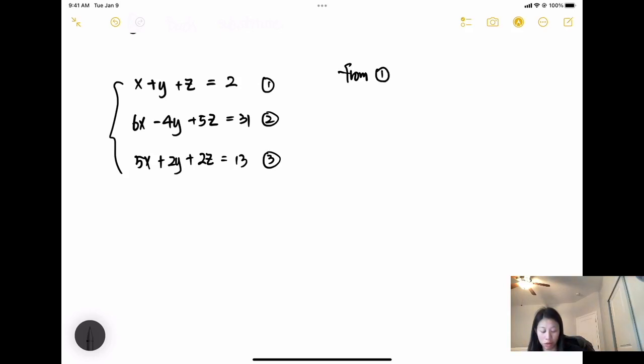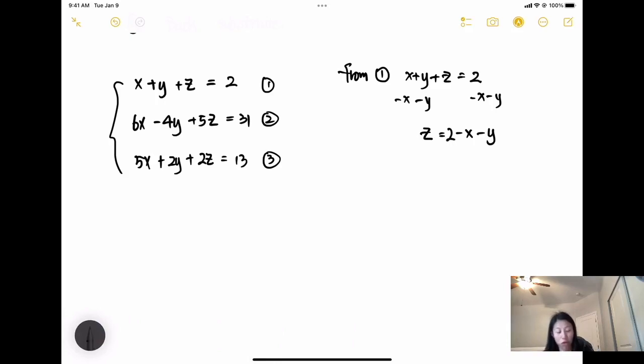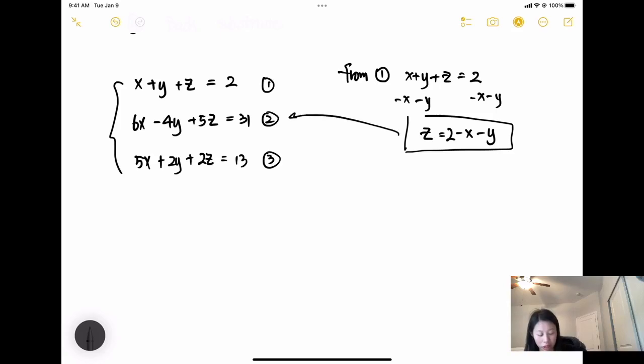So from the first equation, we have x plus y plus z equals 2. I solve for z. That means I need to subtract x and subtract y on both sides. So I will have z equals 2 minus x minus y. Okay, after I solve for z, I need to substitute z into the second and the third equation.